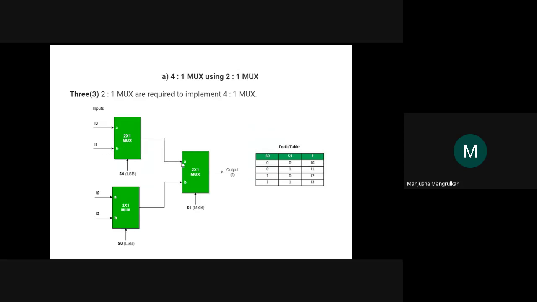These data, I1 and I3. Suppose S1 is equal to 0, so I1 data will come over here, and suppose S1 is equal to 1, so I3 data will come over here. So this is the design of a 4 is to 1 mux using 2 is to 1 muxes.